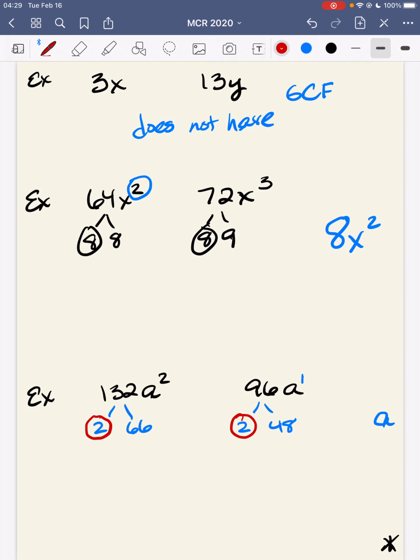Okay. And now I'm going to look at the 66. Well, I know 11s all go in double digits up until they hit 10. Okay. So I know that 66 is 6 times 11. And 48, I know 6 times 8 is 48.